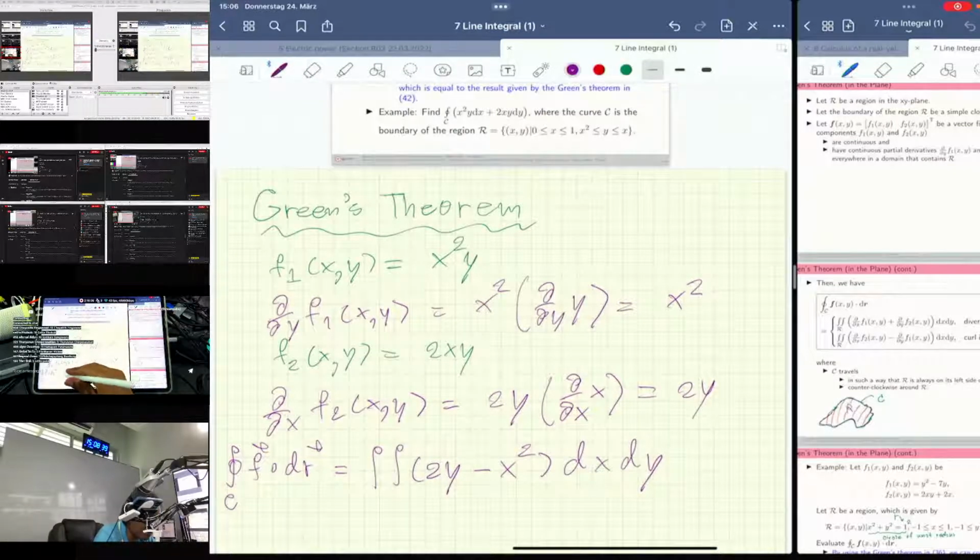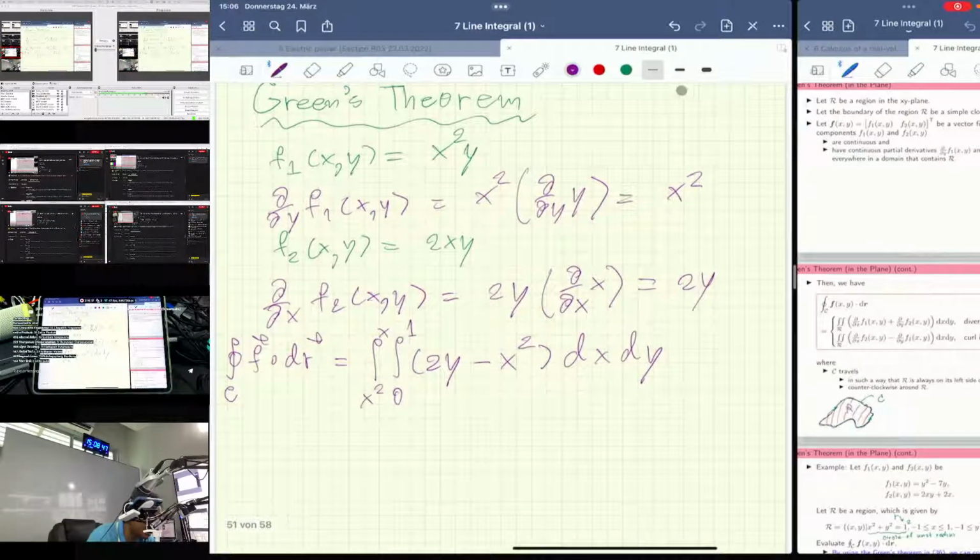X from 0 to 1 and y from x squared to x. You cannot do that because the upper and lower limits here depend on the unknown variable x. You need to switch and turn around the variable.